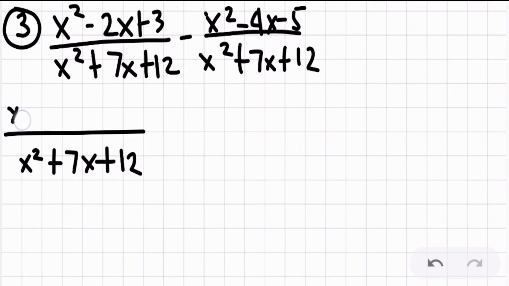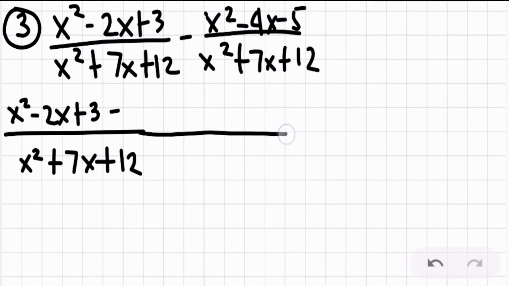So we have x squared minus 2x plus 3 minus, take a look at this, we need to enclose this numerator with a parenthesis to mean that we are subtracting the first numerator by this whole second numerator, which is x squared minus 4x minus 5.